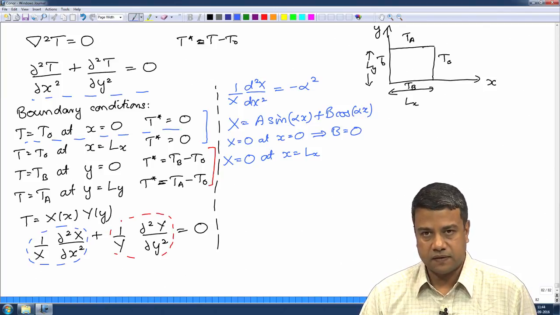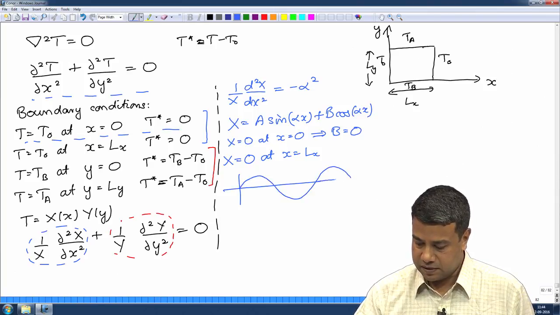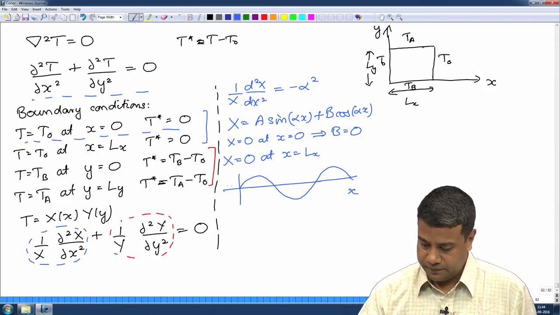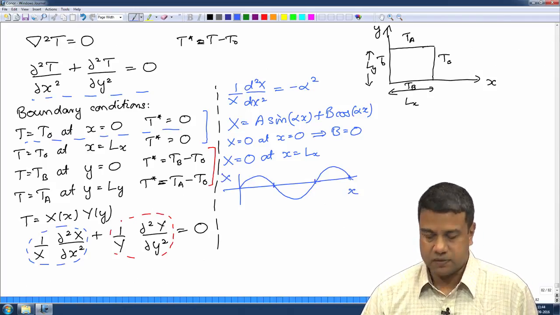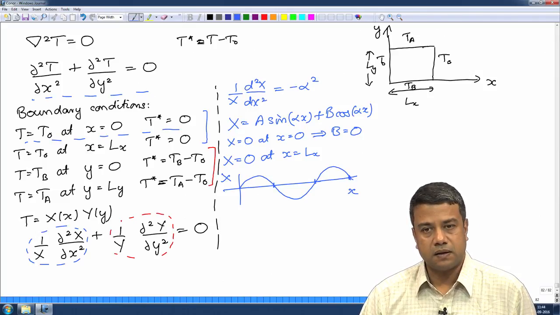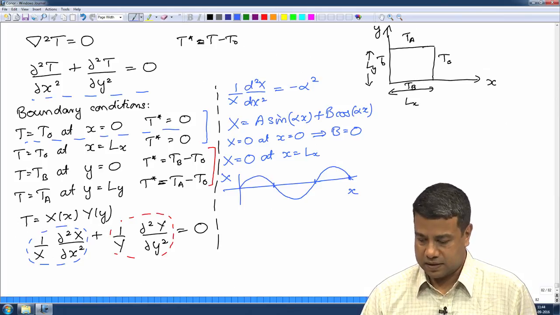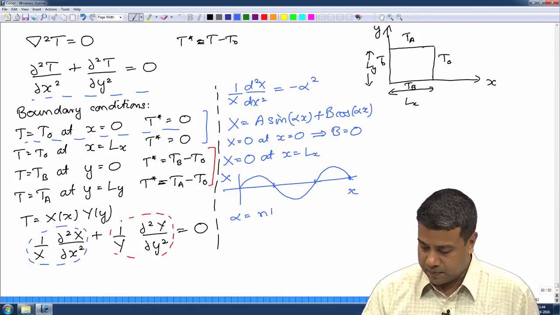These solutions are in the form of sine functions. Therefore, alpha has to have specific values so that the value of X becomes 0 at x equal to Lx. The solution for that is that alpha is equal to n pi by Lx.